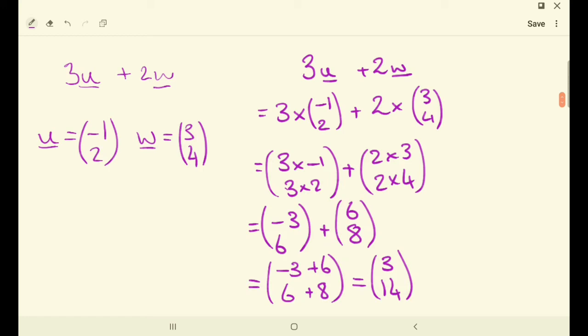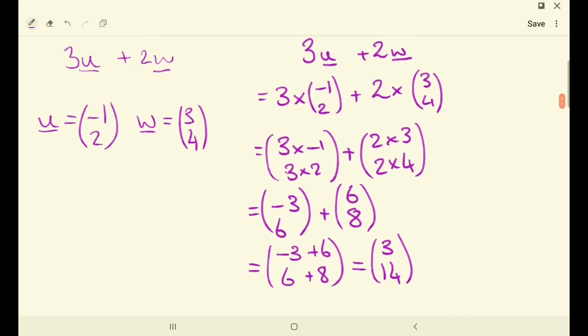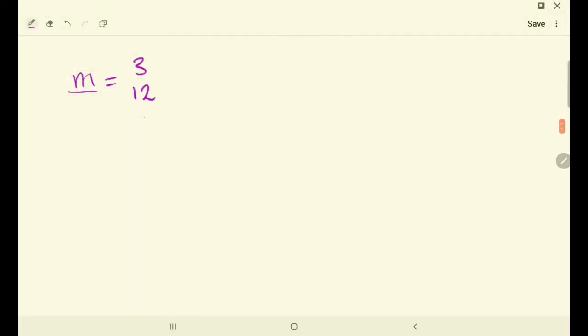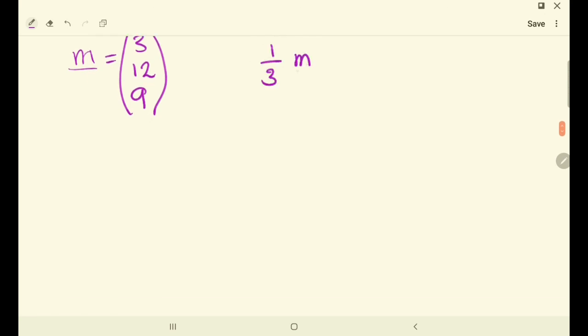Now there's one final example I'm going to show you just because it will come up: if you can multiply something by 3, you can also divide it by 3. So if you had, let's make it vector m equals (3, 12, 9), and you're asked to find a third of vector m. What you're going to do is take a third and times that by your vector.